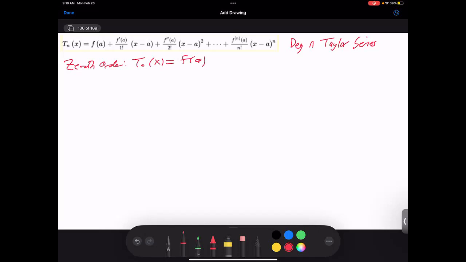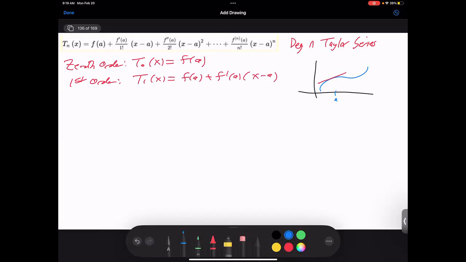Now imagine I give you your instantaneous speed at a. So now we can do the 1st order. So that would be t1 of x is f of a plus your instantaneous speed at a times the elapsed time. And if you think about what's going on, if this is my function and this is time a, I'm doing the tangent line approximation.